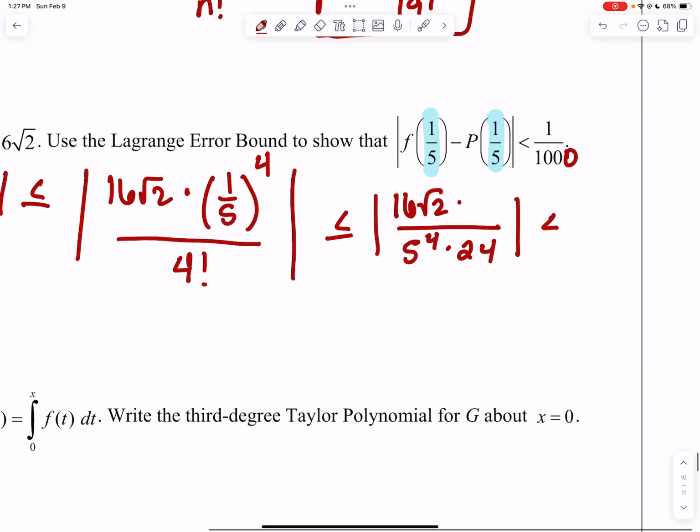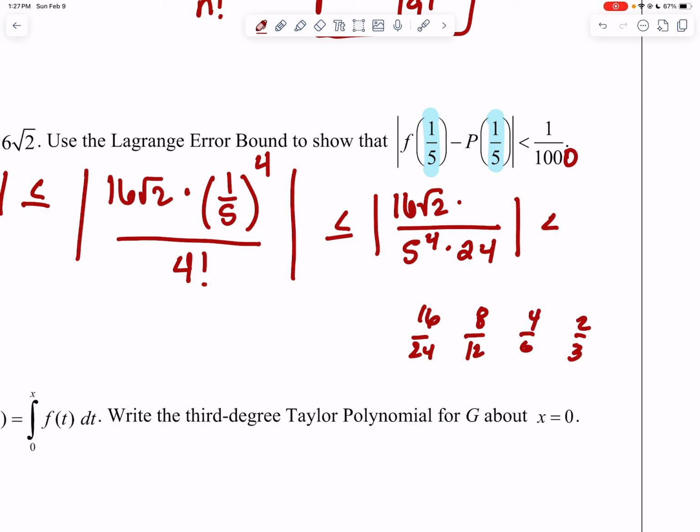And then if I were to simplify 16 and 24, we get to 8, 12, 4, 6, 2/3. And then 5 to the 4th power is 625.